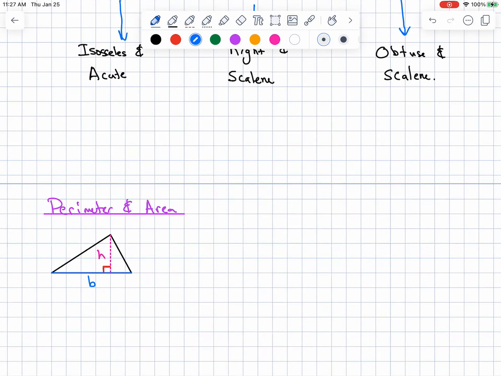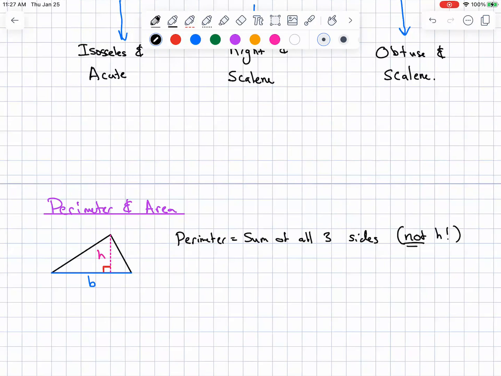Perimeter is the sum of all the side lengths. The sum of all three sides, not H. So remember, H is not a side length, so don't make that mistake. It happens once a semester, someone accidentally adds H and it breaks my heart. So H is not a side length.